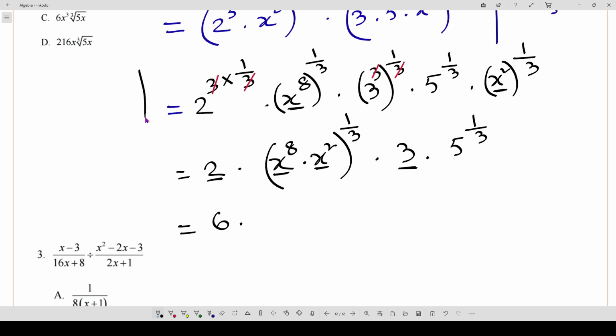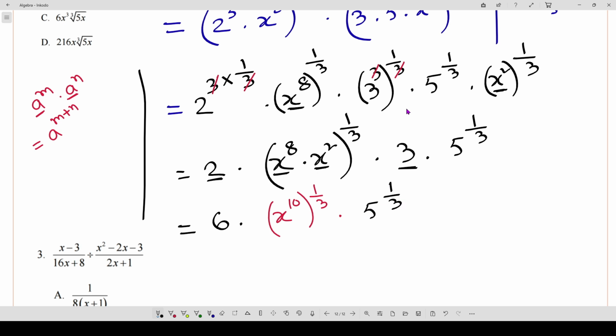As per the law of indices, we know a to the power m times a to the power n. It means if the bases are the same, in a product the powers will be added, that means a to the power m plus n. Same thing, it will become x to the power 10, all to the power 1 by 3, and 5 to the power 1 by 3 unchanged.